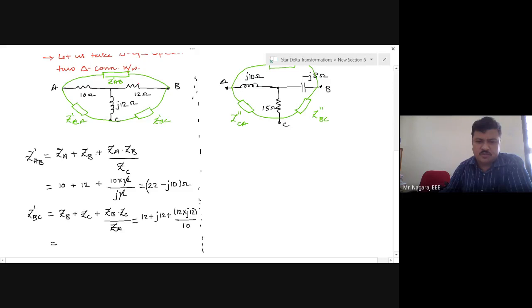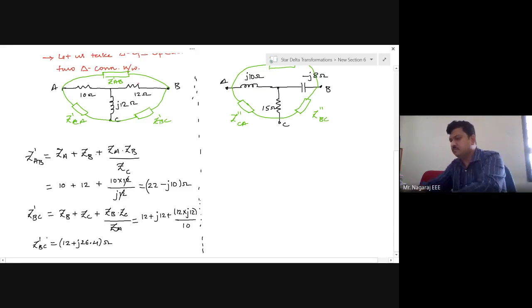So 14.4J plus 12J is 26.4J. So 12 plus J26.4. Is it right? Yes, sir.